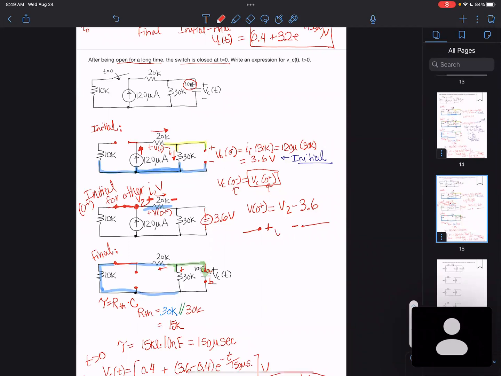So if this is Vx, this is 10 volts, and this is 8 volts, what's Vx? 2, right? So it's just the right side minus the left side. So remember, that's the differences. And so I just take the right side minus the left side. And so this is the same idea, V2 minus this voltage, which is 3.6 volts.